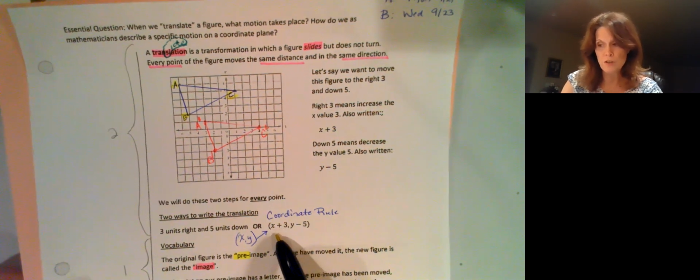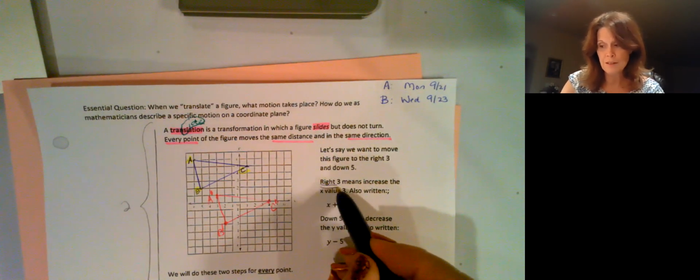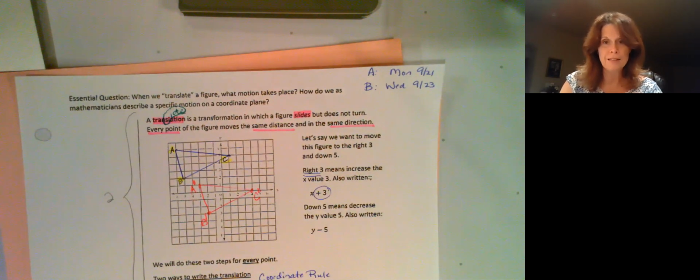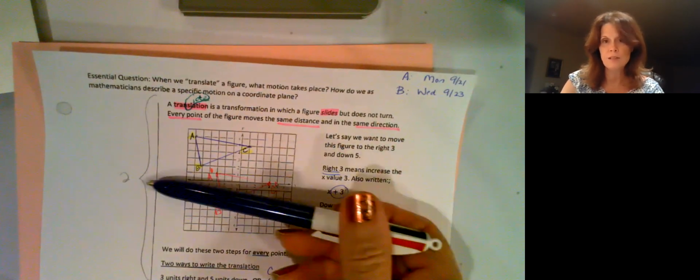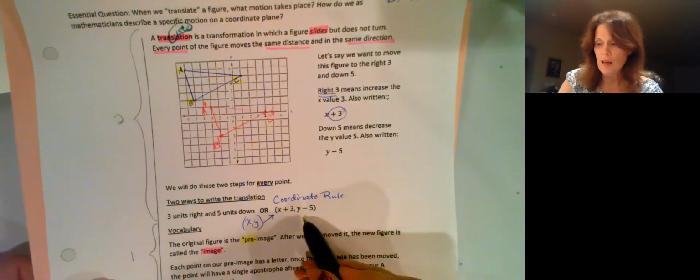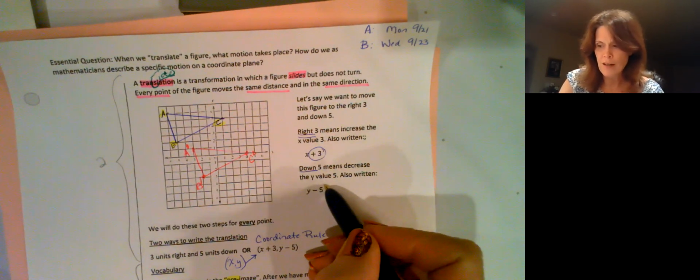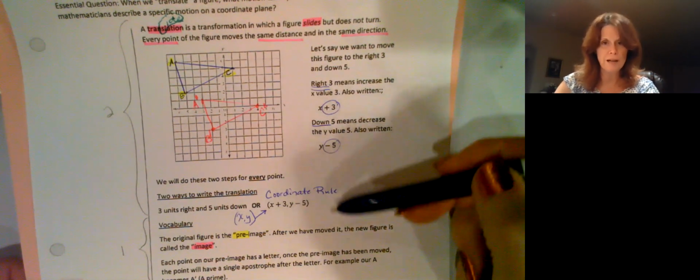Typically, you start with (x, y) as your pre-image, and then you perform a transformation on it, and this is the transformation you're going to do. All the x values are going to go right 3. That's why we're adding to x, because the x-axis goes left and right. And all the y values are going to go down 5, which means we're going to subtract.